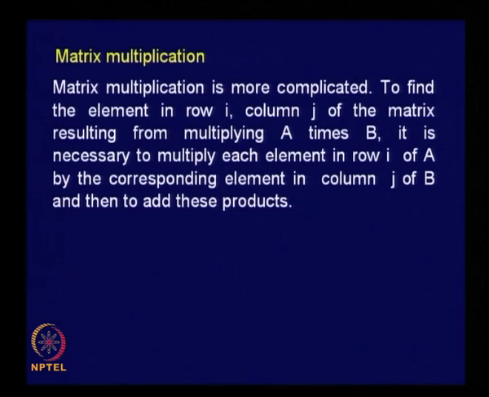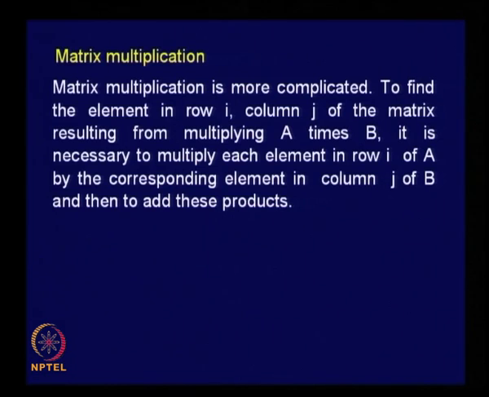To find the element in row i, column j of the matrix resulting from multiplying A times B, it is necessary to multiply each element in row i of A by the corresponding element in column j of B, and then to add these products.